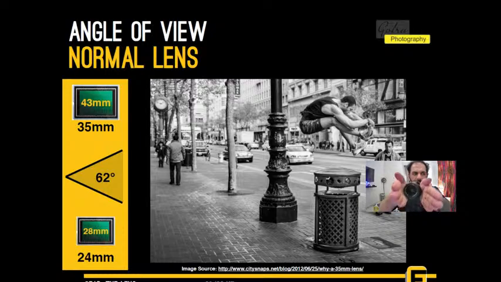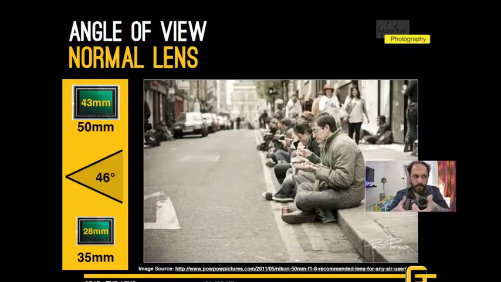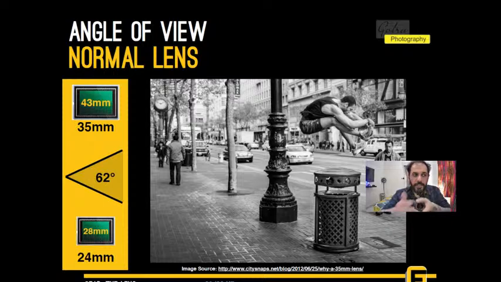With the 46 degree, it will be something like this, maybe something like this. But if I go from 46 to 62, instead of like this, it will go like this. My field of view is becoming wider.